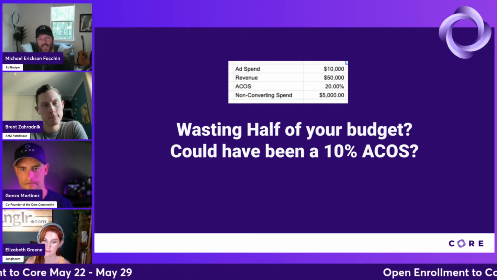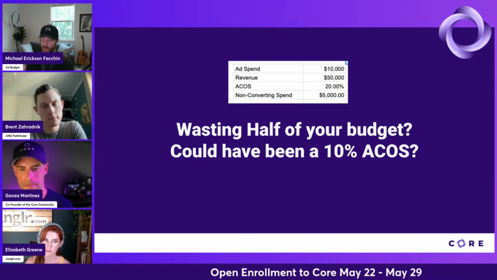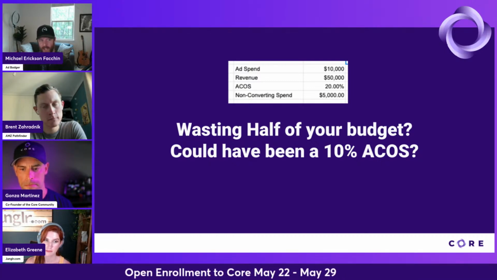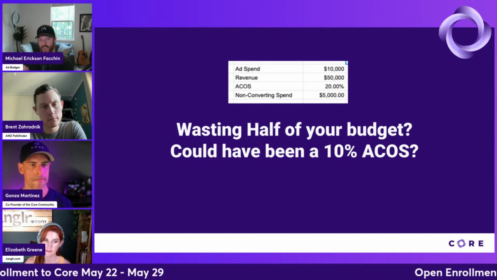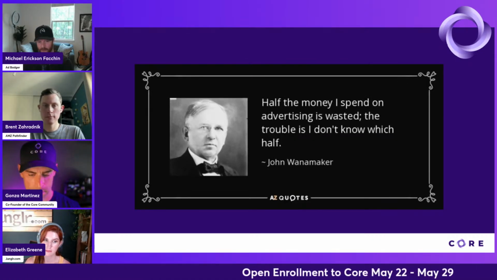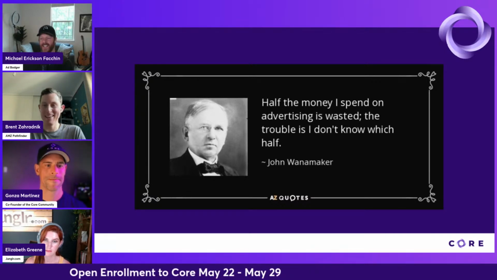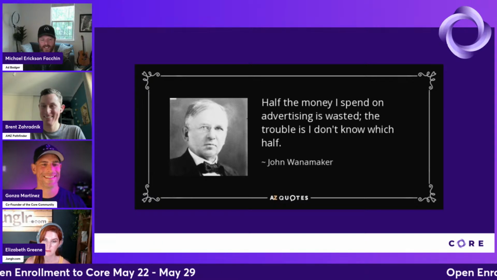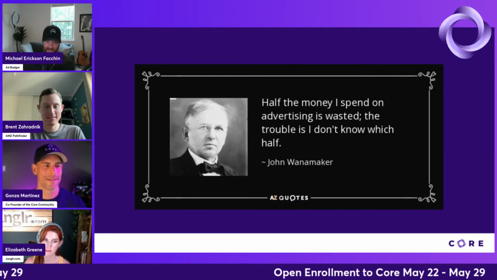This scenario is incredibly common: regardless of whether you think your ACOS is high or low, there's a big percentage of your clicks that you spend money on that are non-converting. There's a famous quote by John Wanamaker: half the money I spend on advertising is wasted. The trouble is I don't know which half it is.